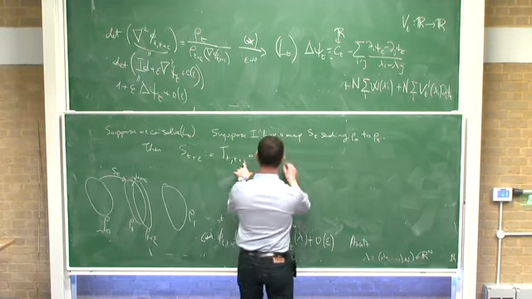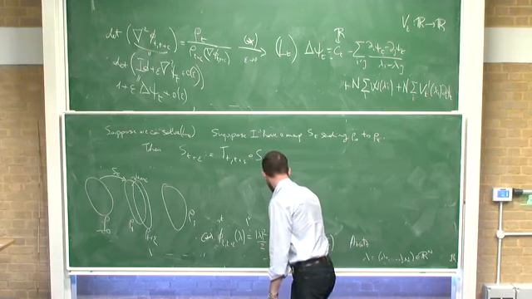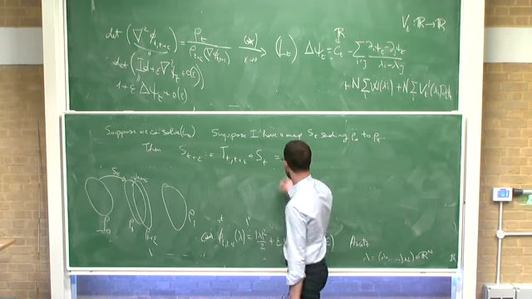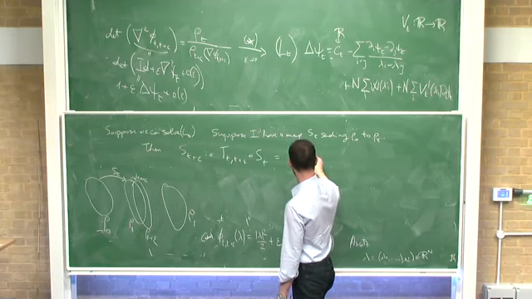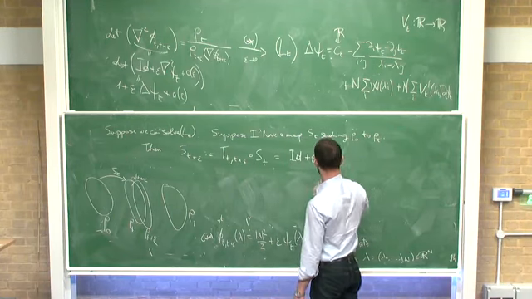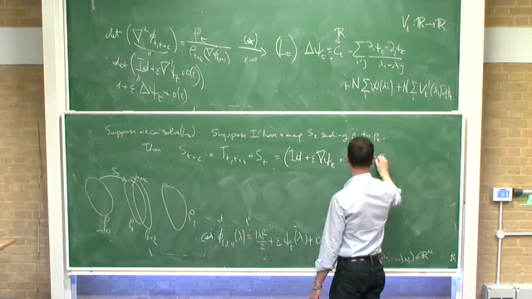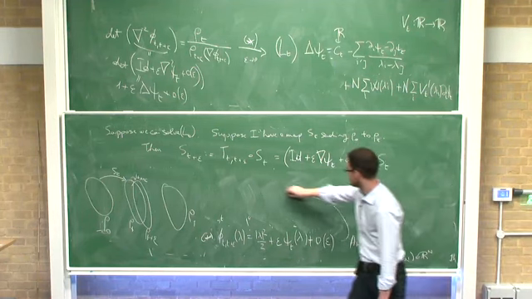So T t plus epsilon is the gradient of this function. So this is identity plus epsilon grad psi t plus little o of epsilon, composed with S t, by these answers.